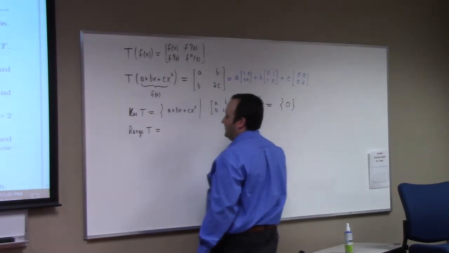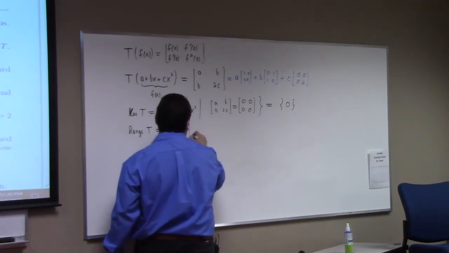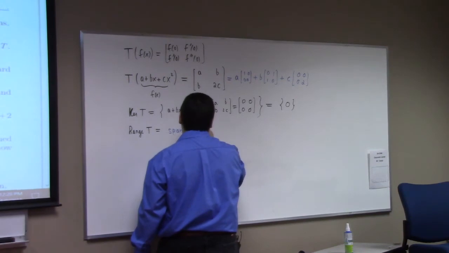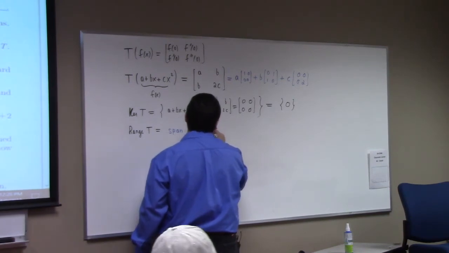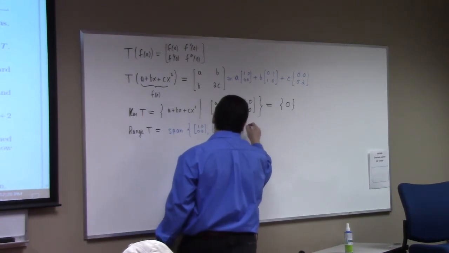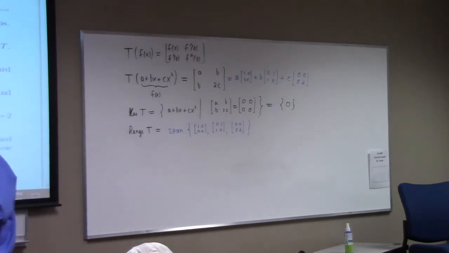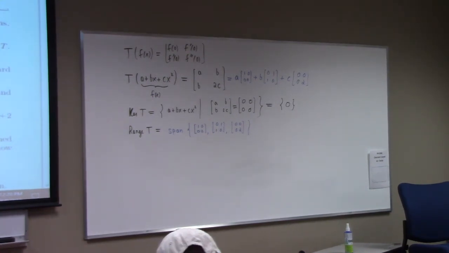So apparently the range of T is the span of those matrices: 1, 0, 0, 0; 0, 1, 1, 0; and finally 0, 0, 0, 2. There you go. That's the range. What's the dimension of the range? 3, right. A little bit of a jump there. How do you know that those 3 matrices are linearly independent?